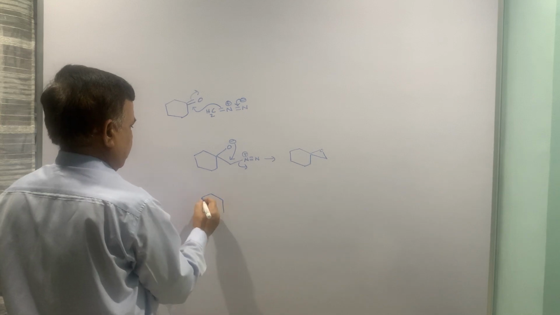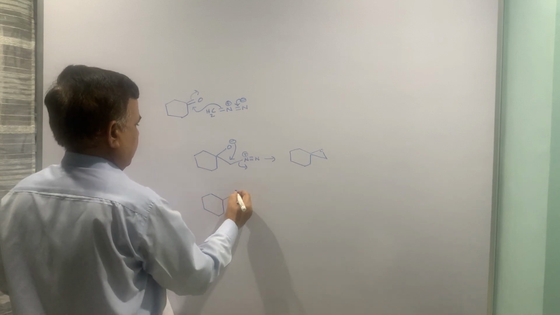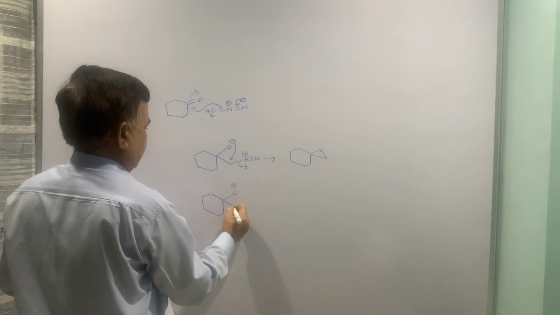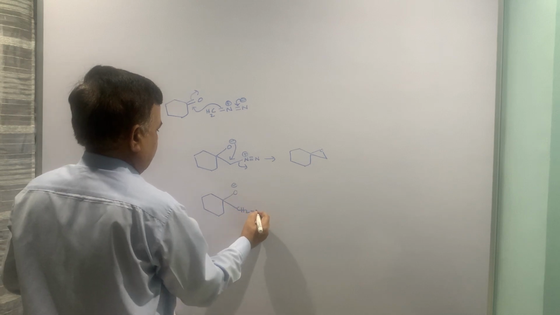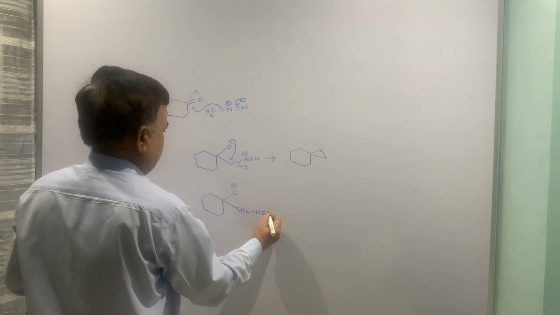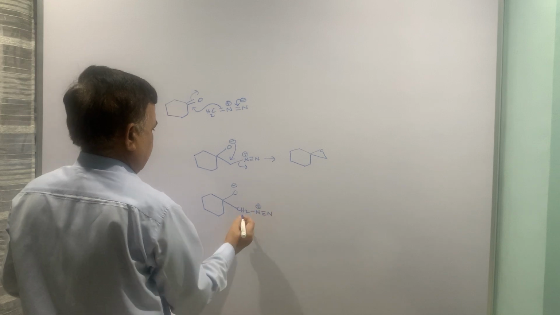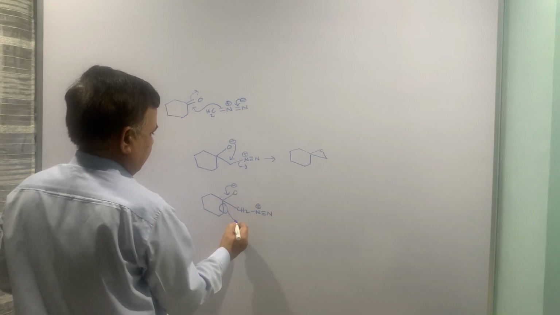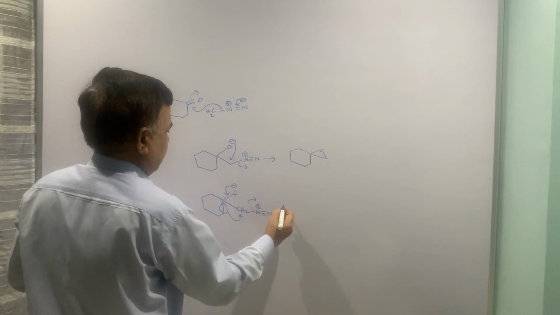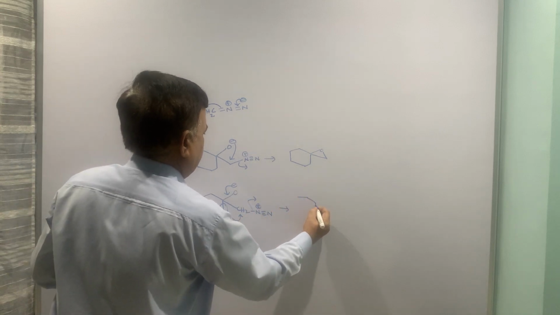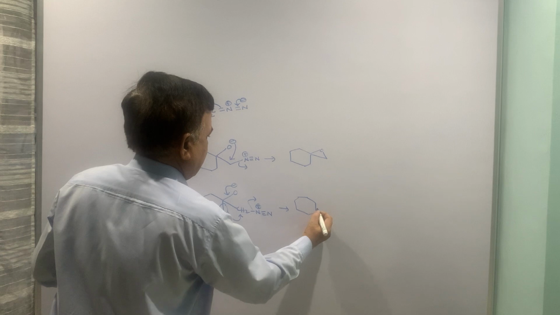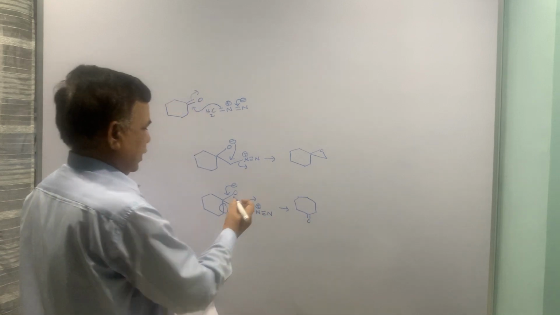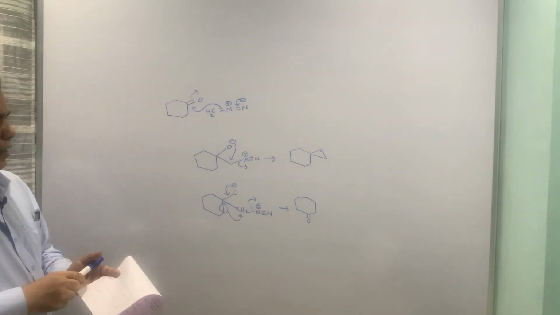Alternatively, you can get this comes here. So there will be enhancement of the ring, like from 6 membered you can get 7 membered.